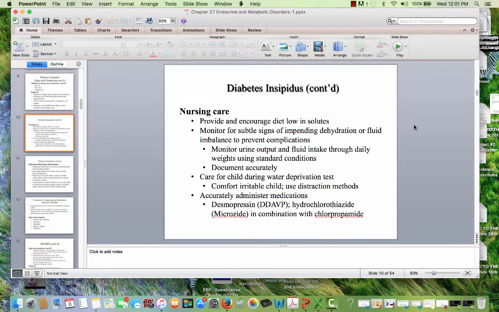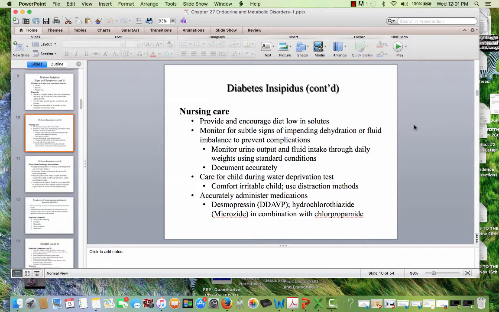Some of these medications, in particular DDAVP, is what we call it, desmopressin, tend to be more commonly used. Now, I do want to go back to the water deprivation test and explain that a little bit. Water deprivation testing is performed to diagnose diabetes insipidus.